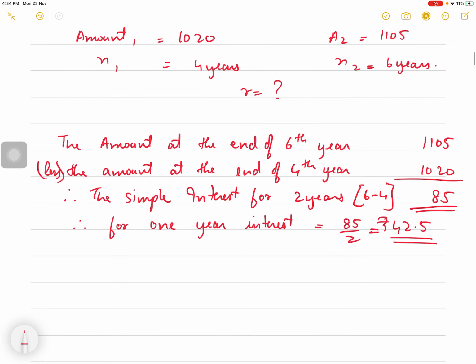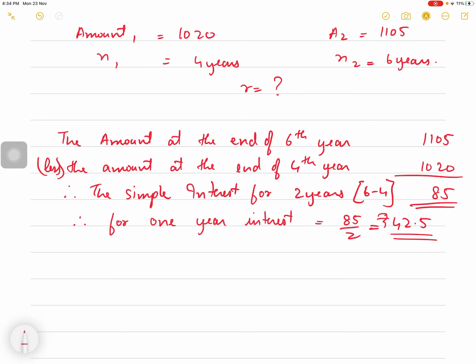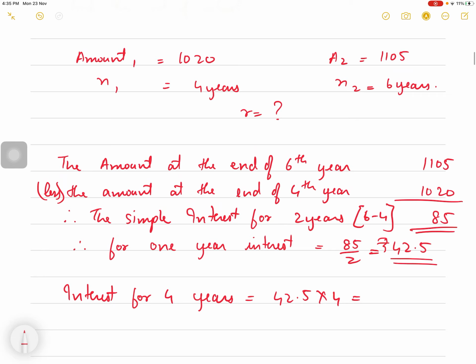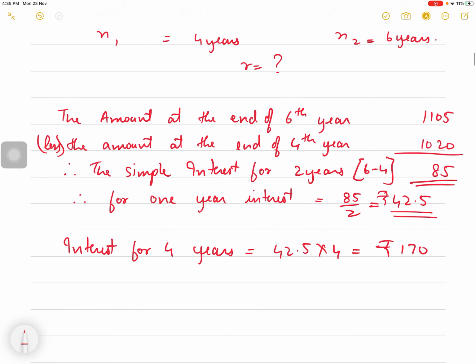Interest for 4 years is equal to 42.5 into 4, which is rupees 170.